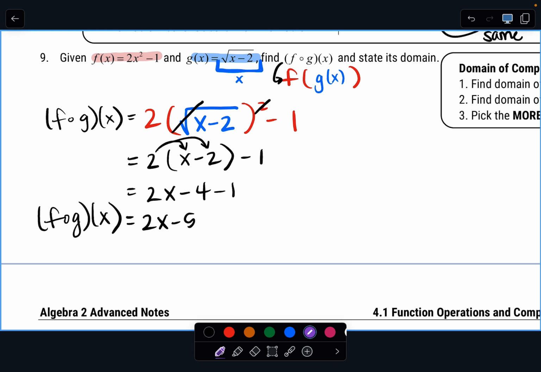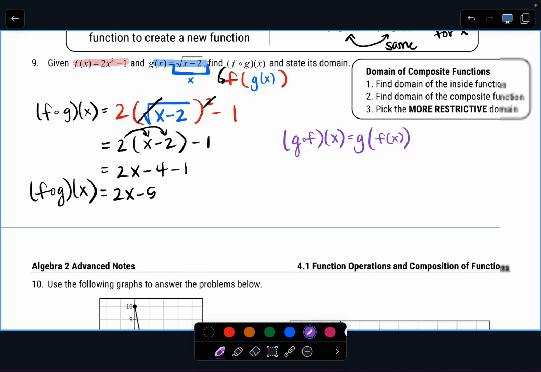So just a little note to show you, you could also see g of f of x, and that would mean the outside function would be the g. So depending on which one you see first, that's the one you're plugging into. So open circle is composition while closed circle is multiplication. Correct.